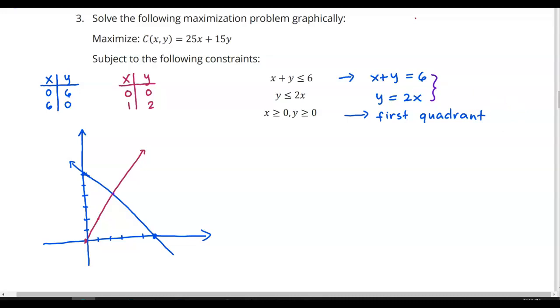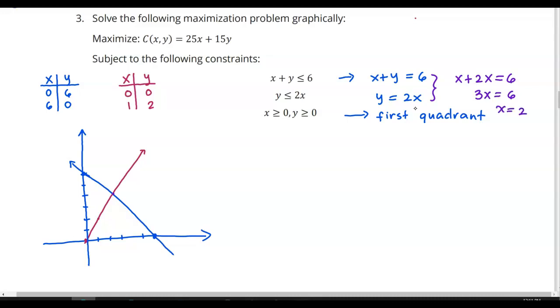We do that by substituting y by 2x, since y is equal to 2x. So we have x plus 2x is equal to 6. x plus 2x is 3x, equal to 6. Divide both sides by 3. We have x equals 2.